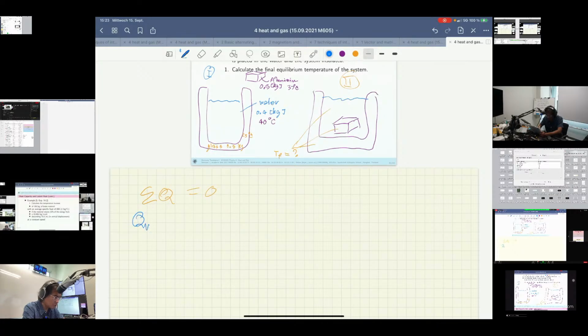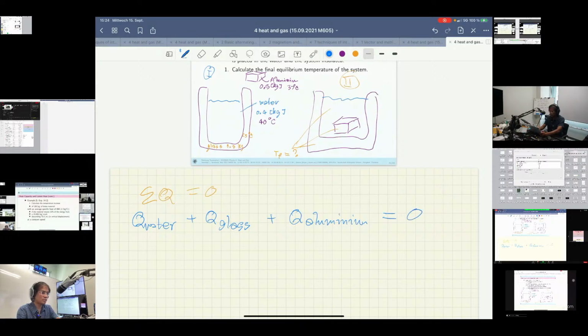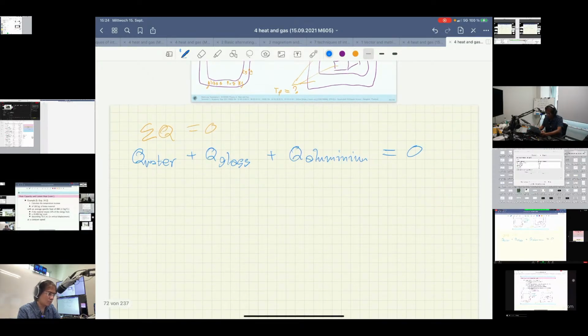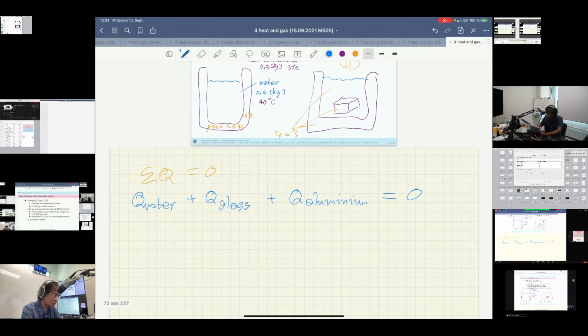Q water plus Q glass plus Q aluminum, remaining 0. And Q of water is going to be mass of water, C of water, delta T of water too.